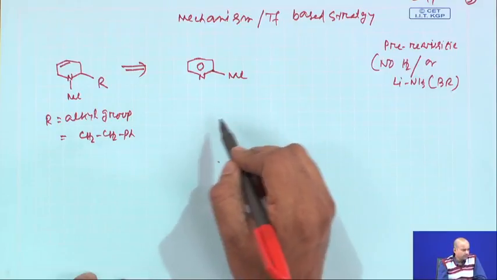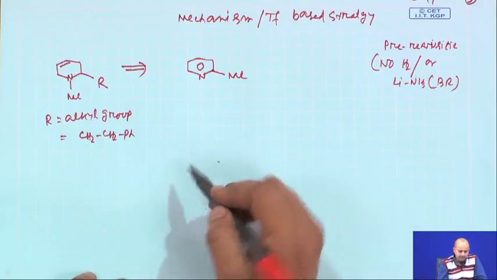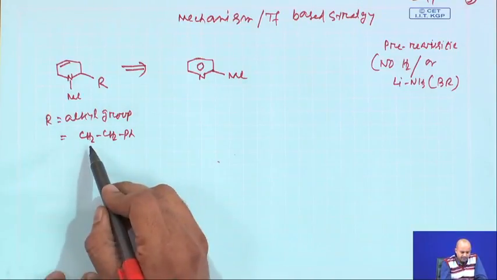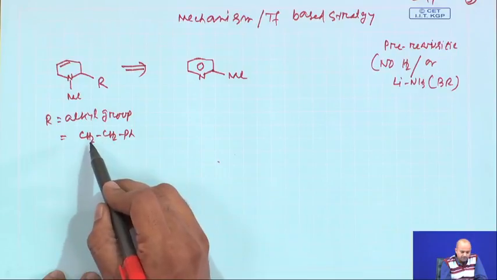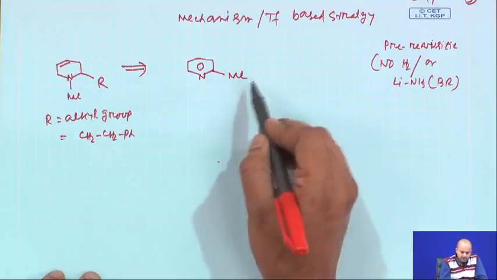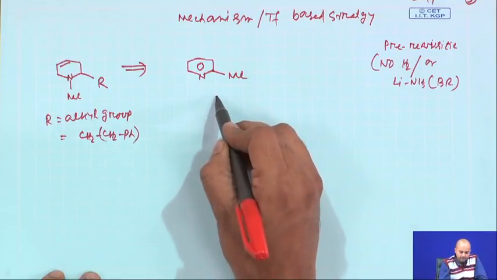Now, this particular problem was solved very nicely. Eventually, the starting material was given this, and the R group, probably a CH2Ph, means that somehow you need to add an extra CH2Ph group.